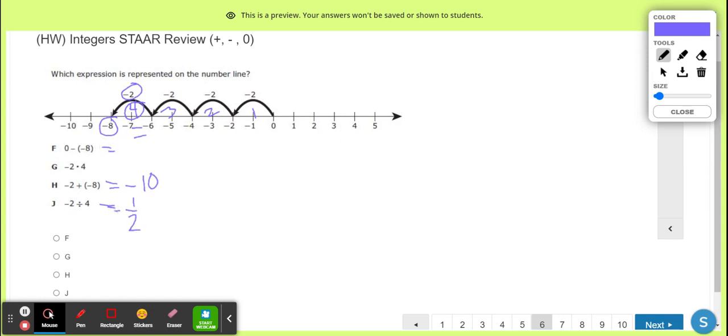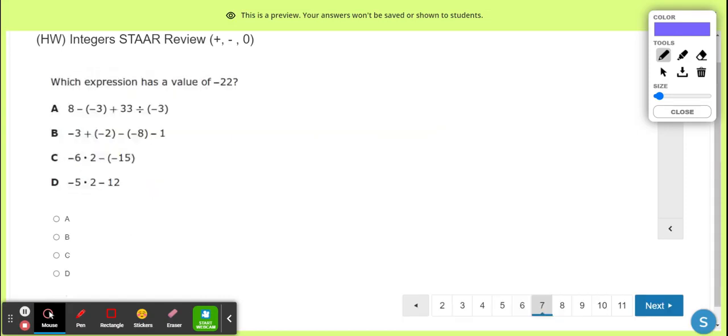And 0 minus 8, so add switch, is +8. Okay, so I'll read the expression: we have 4 times -2 equals -8.